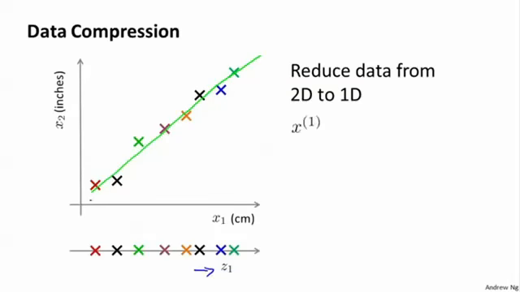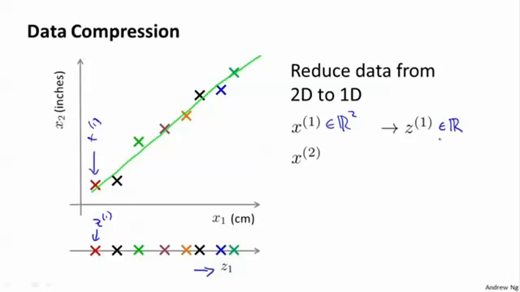And what this means is that whereas previously, if I had an example x1, maybe this was my first example, x1, so in order to represent x1, I needed a two-dimensional feature vector. Instead, now I can use just z1 to represent my first example, and that's going to be a real number.